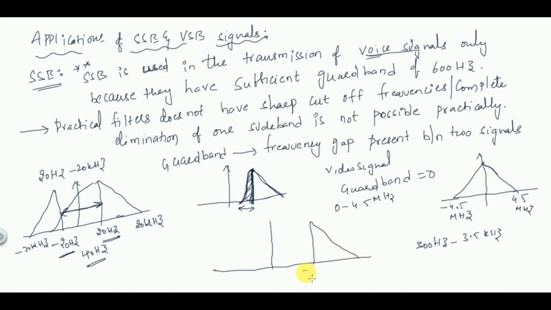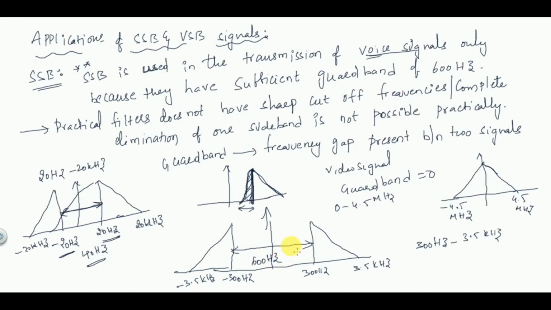So if you draw, this is 300 hertz and this is 3.5 kilohertz, and the next signal, even if you take, it will be like this. So this will be minus 300 hertz, this will be minus 3.5 kilohertz. So there is a frequency gap of around 600 hertz.